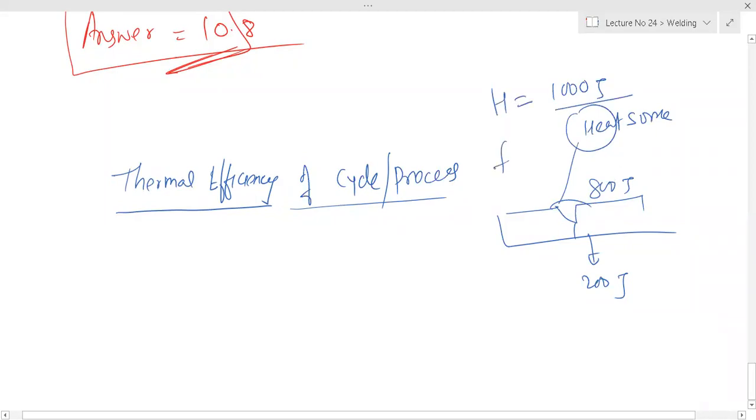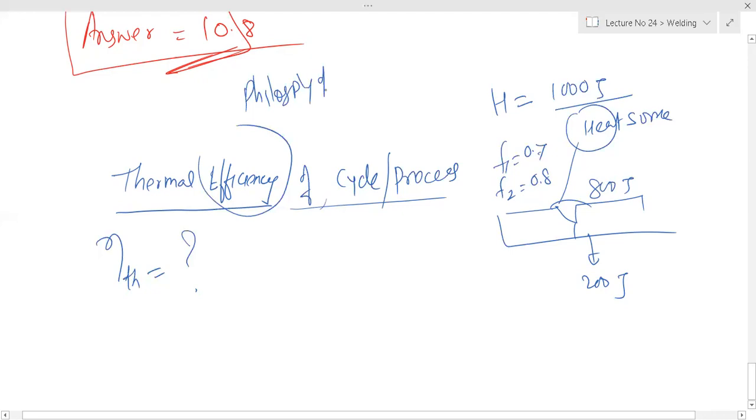Suppose F1 is 0.7 and F2 is 0.8. Now tell me, what is the thermal efficiency of the welding process? What is the philosophy of efficiency? What is the thermal efficiency? Tell me.